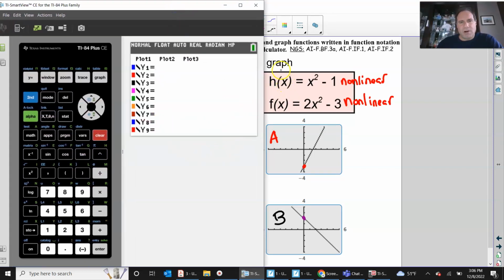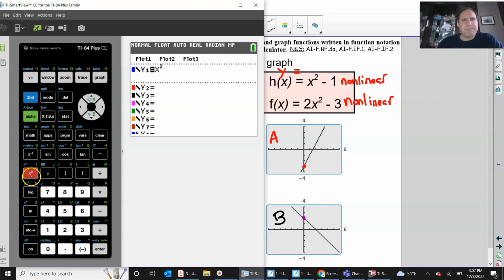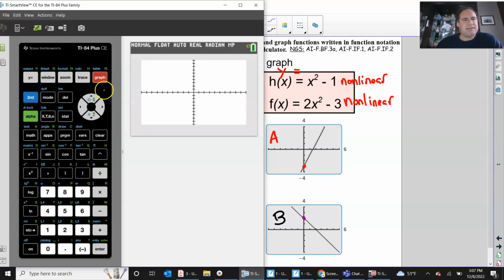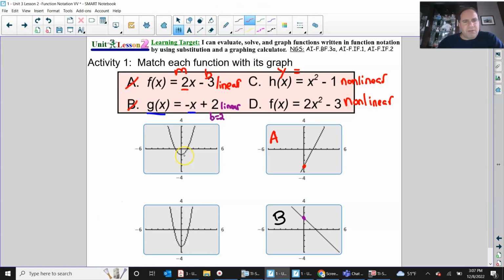H of x is y. So this is the y. Y equals x squared minus 1. So the way you do that is you just put x and squared is right there, and then minus 1. And we're going to see what this looks like. It is definitely non-linear. It's a parabola that goes just a little bit below the x-axis. So we are looking at this one. Look at this one compared to this one.